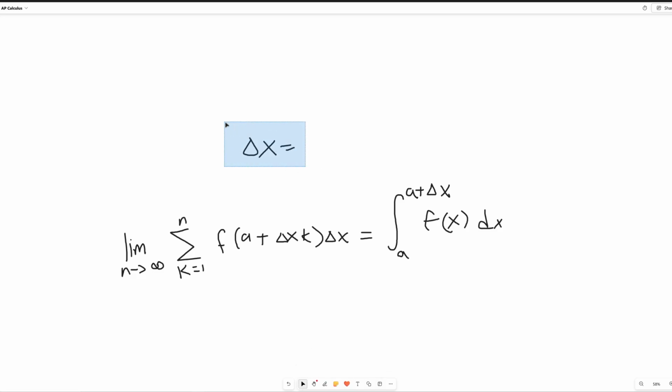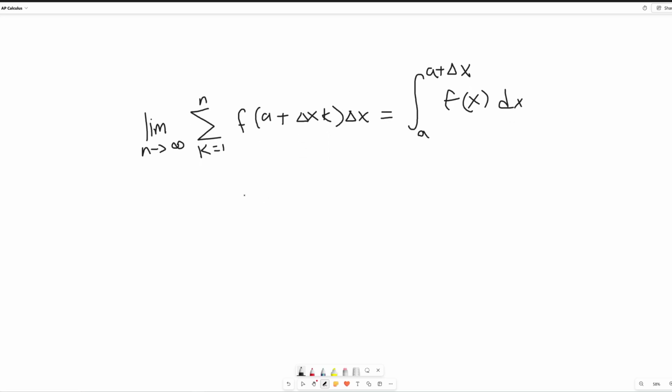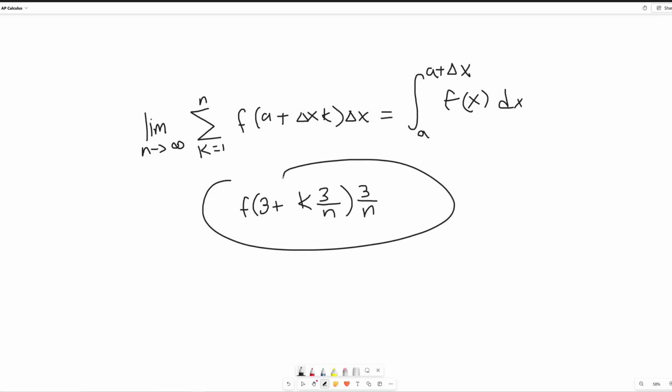So if it's like 3, then it's going to end up being 3 over n. So what do I mean by that? Well, let me give a Riemann sum, f of 3 plus k 3 over n times 3 over n. 3 over n is your delta x. Your delta x is going to be over n when you have your infinite Riemann sum.